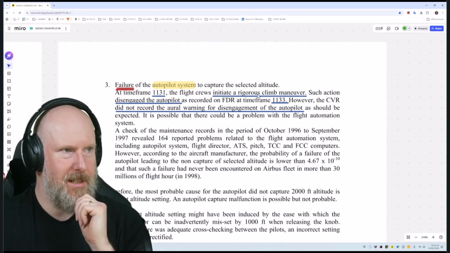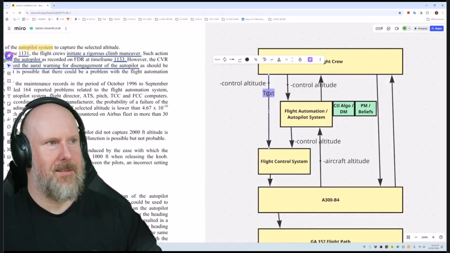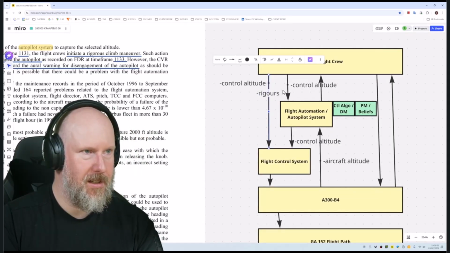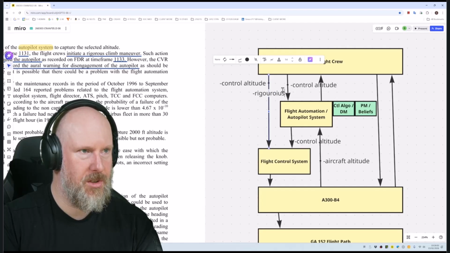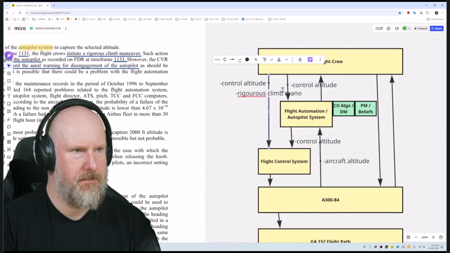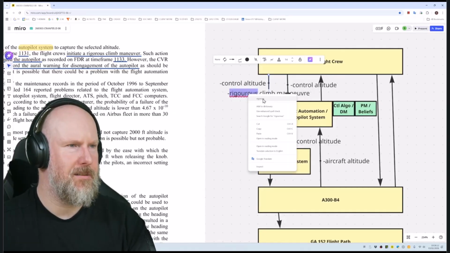So they initiate a rigorous climb maneuver. So let's look at this. So this is a rigorous, I can't spell, rigorous climb maneuver. That's not right, is it? Hang on a minute.